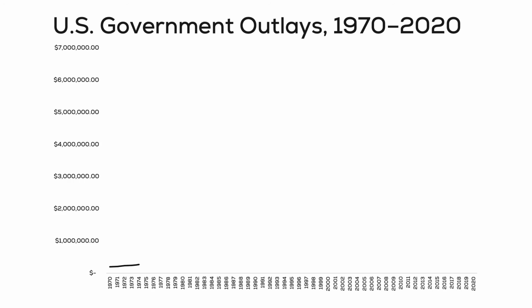Here we have a graph of United States government outlays, or spending, from 1970 to 2020. And what we see is that government outlays increase throughout time. However, most of our growth in government outlays really came after 1980, and then grew exponentially after 2000, when the government started spending more on defense.